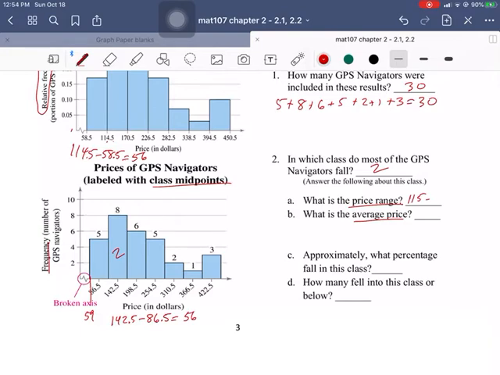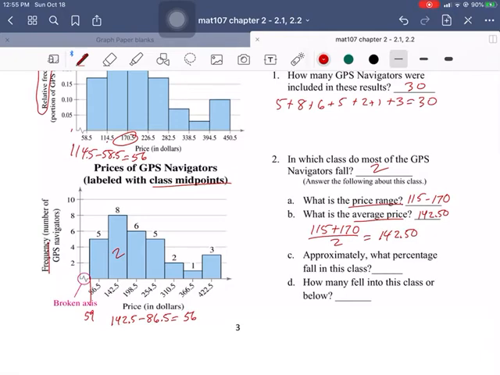Remember, 114 was in the first class. 115 and up is in this bucket, with a ceiling of 170. What is the average price? Well, that's code word for midpoint. The other graph shows the midpoint is 142.50, but if you didn't have the other graph, it would be 115 plus 170 divided by 2, and that gives you your 142.50 as well.